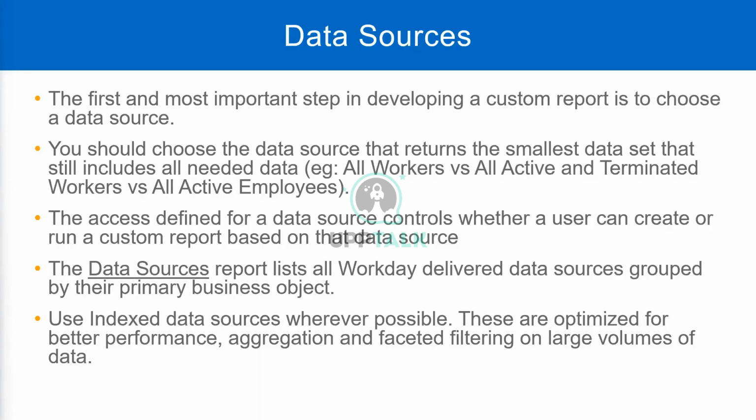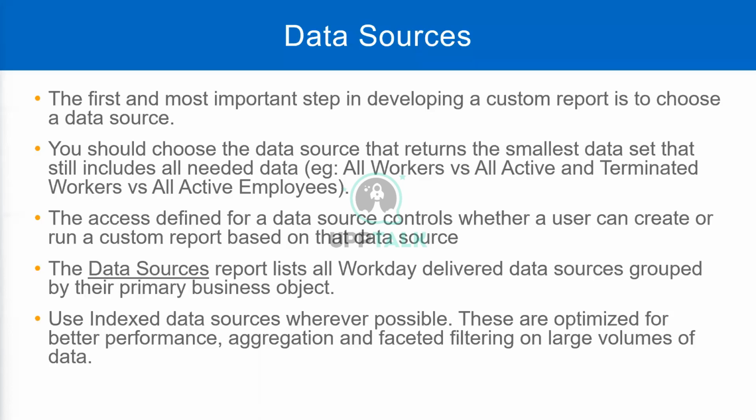All active and terminated are the list of workers who are active and the ones who have been terminated. All workers also includes active and terminated, but also the future hires. So in all workers you have future hire workers as well, but in active and terminated workers you do not have the future hires.